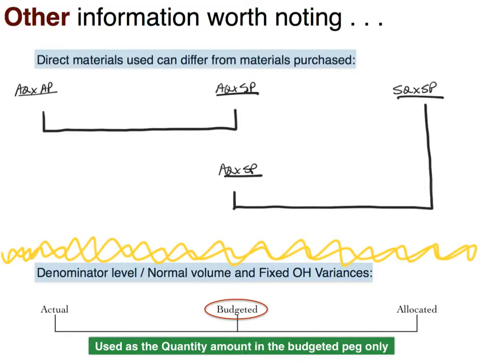Now remember, the variances that we calculate for materials are the price variance and the quantity variance. Remember, we talked about this when we journalized. The price variance is based on materials purchased. We can remember that because price starts with a P, purchase starts with a P, and the quantity variance is based on materials used.